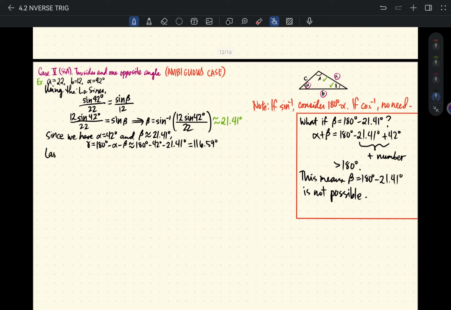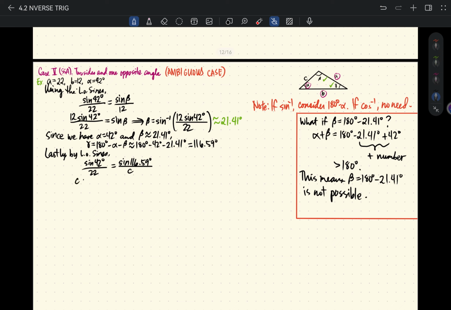So lastly, by law of sines, we get here sine of 42 degrees over 22 equals, we're solving for C, so we will use sine gamma, sine 116.59 degrees all over C. So what will our C be?